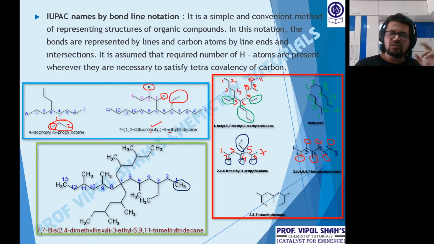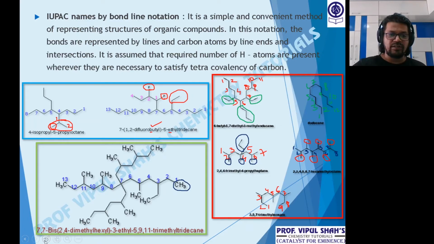Clear everybody? 2 rules: longest continuous chain, and take that as the continuous chain which has more branches. Okay, next one, look at that down, how this goes now. So this is 1, 2, 3, 4, 5, 6, 7, 8, 9.